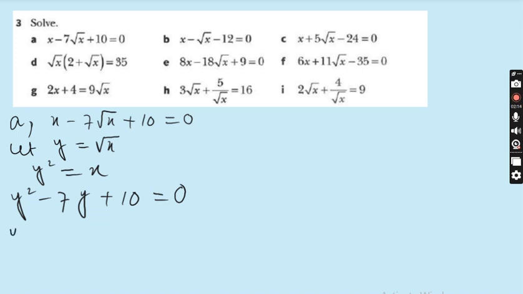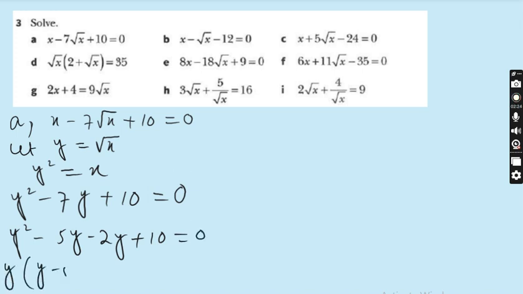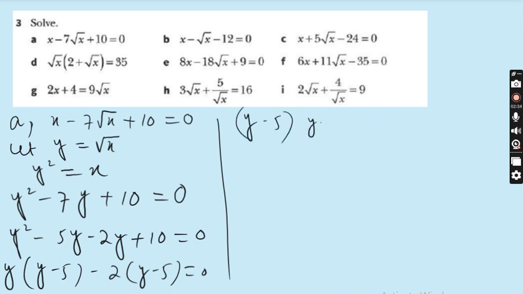So y square minus 5y minus 2y plus 10 is equal to 0. Taking y common, y minus 5, minus 2 common, y minus 5 is equal to 0. So y minus 5 and y minus 2 is equal to 0. Y is equal to 5 and y is equal to 2.